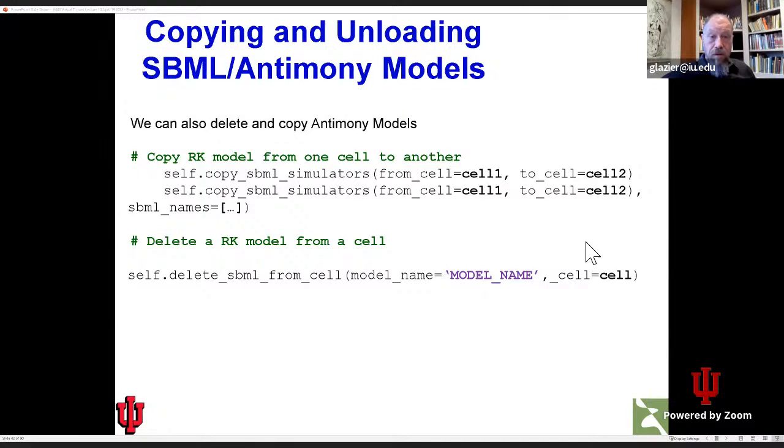And so that's actually quite a powerful function. And there are a variety of options that we have for doing that. We can copy all of the simulators, or only if we had multiple submodels written in, we can copy just the ones we want. And then, as I mentioned, we can delete models as well. That's not something we run into very often, but for example, if a cell differentiates and it stops doing some complicated thing that we had loaded before, we might want to stop doing that and do something else.